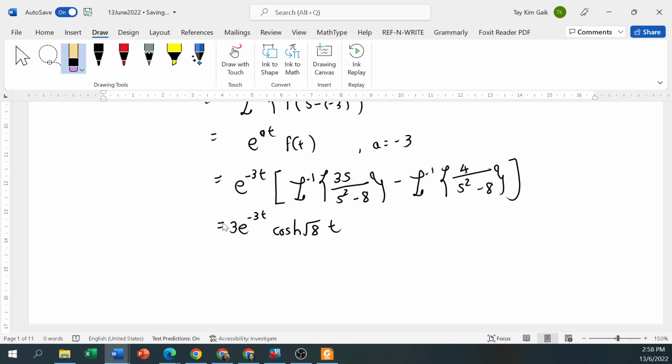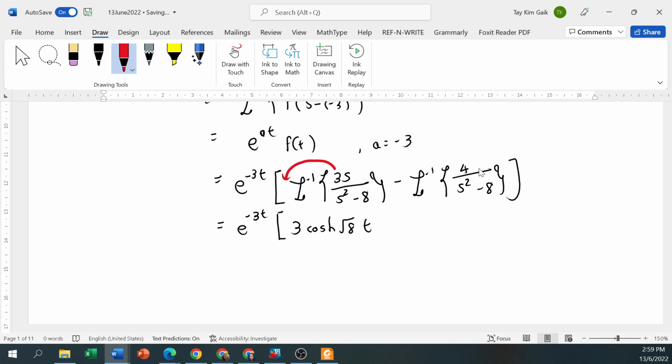No, I got it wrong, because I already factored this outside. So e to the negative 3t, and this one you get 3 times hyperbolic cos of root 8 t. The 8 is actually root 8 squared. So 3 cosh root 8 t.